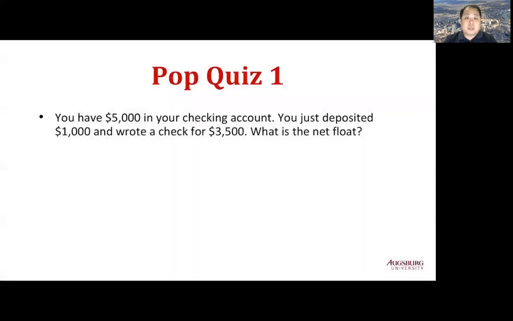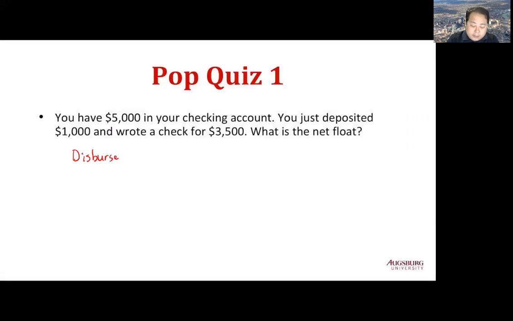First part quiz. You have $5,000 in your checking account. You just deposited $1,000 and wrote a check for $3,500. What is the net float? To get net float, we need to compute disbursement and collection float.